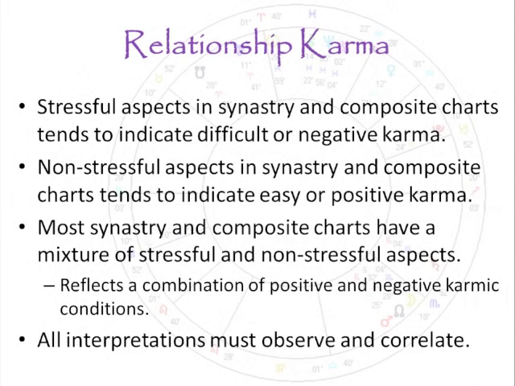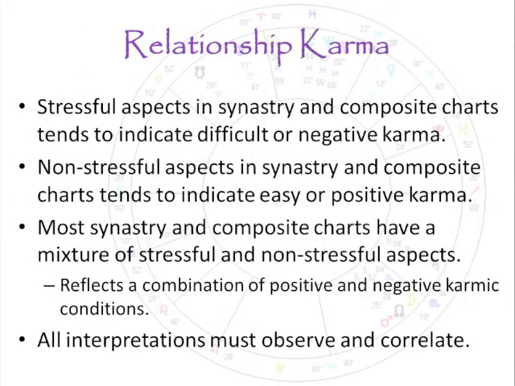Most of us have a mixture of both in any relationship, and therefore that reflects that combination of what we would call both easy or positive and negative karma. And of course, none of this is an absolute. We must always observe and correlate.